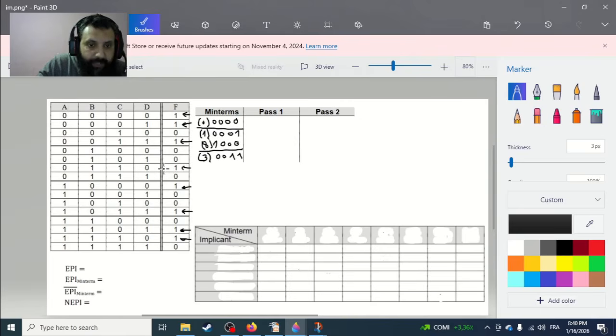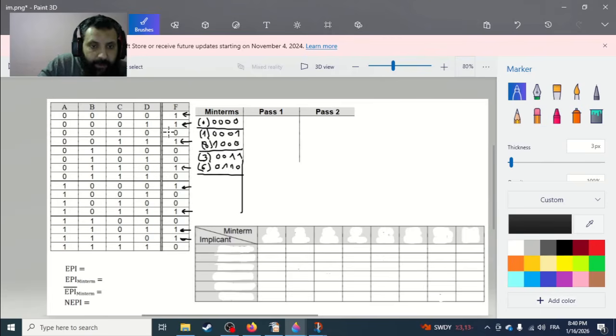Okay, next we have this one. This is 6. We have 6. And we have this is 9. Okay, we finished with the group of 2 ones. Let's go back to the group with 3 ones.